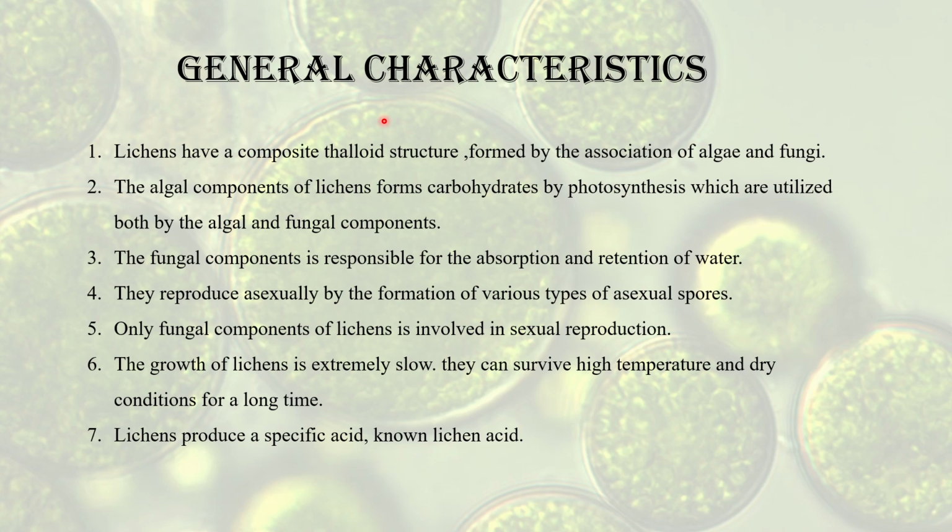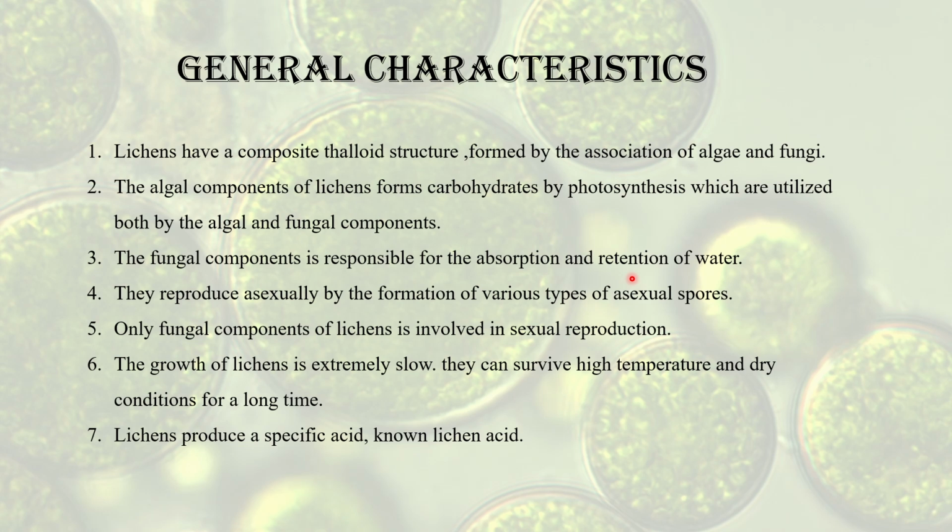Next, general characteristics. Lichens have a composite structure. The body looks like one organism, but it is actually made of two, algae and fungi. The algae make food, carbohydrates, through photosynthesis. The fungus retains water and provides shelter.